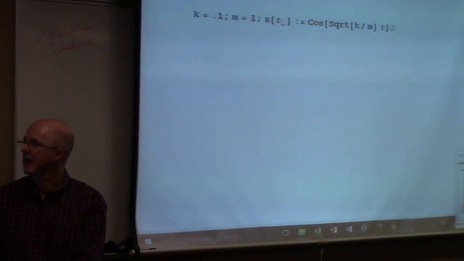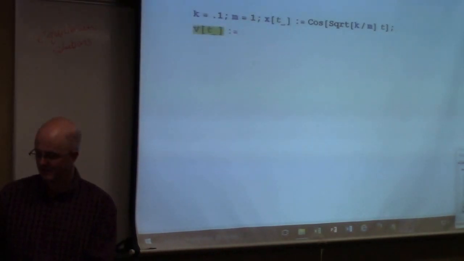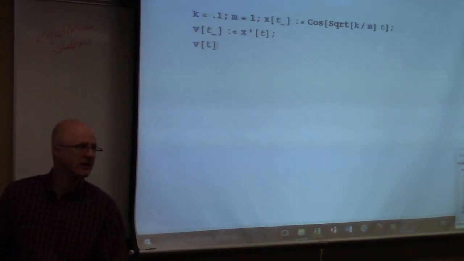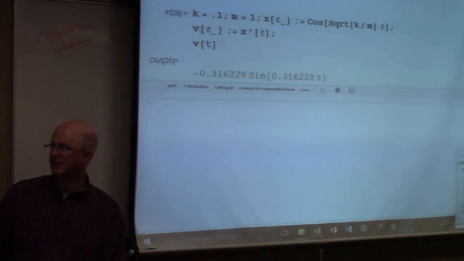Let v of t, not y of t, v is the velocity, the derivative of x. I can actually just type x prime of t, like that. And if I want to confirm v has the right formula, I can do that as well. Okay, it put k and m in there.